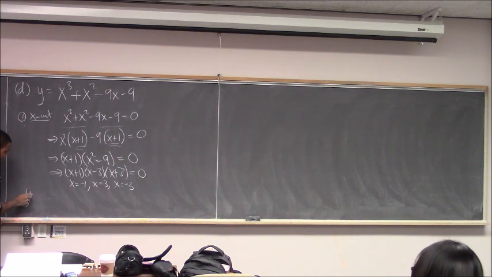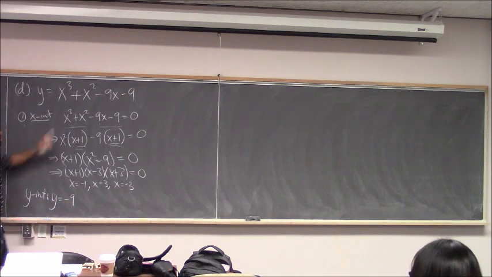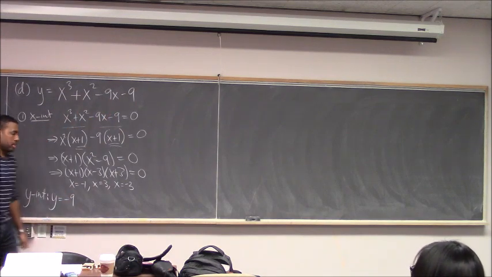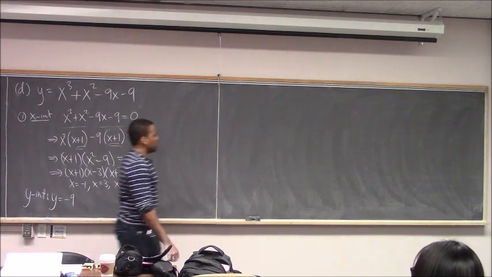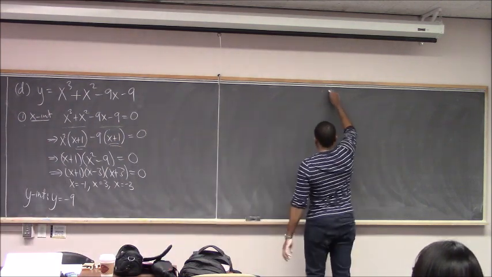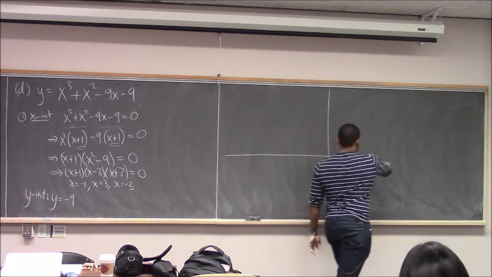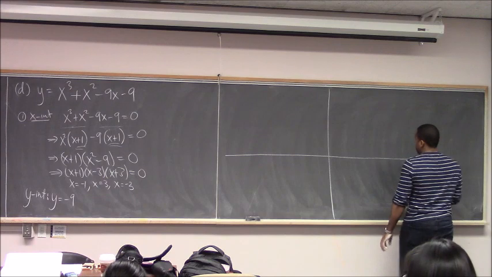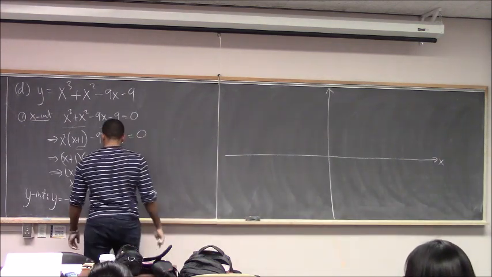The y-intercept: y equals -9, because if I plug in 0 for x, -9 is going to be the answer. And at this point, I'm going to draw in my axes. I'm going to plot these guys here.